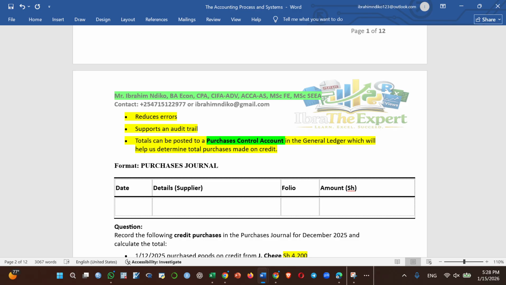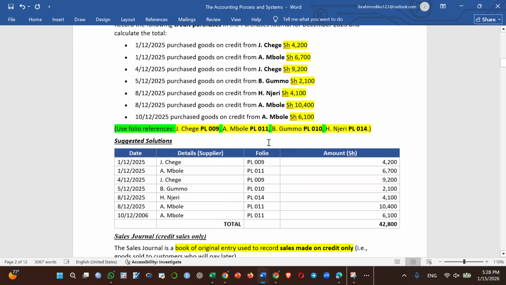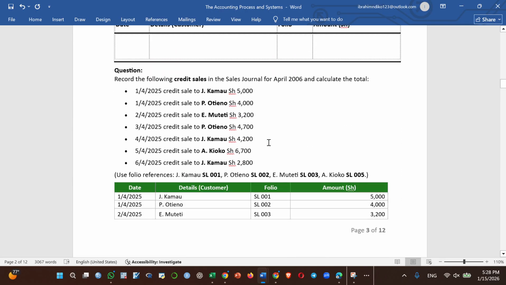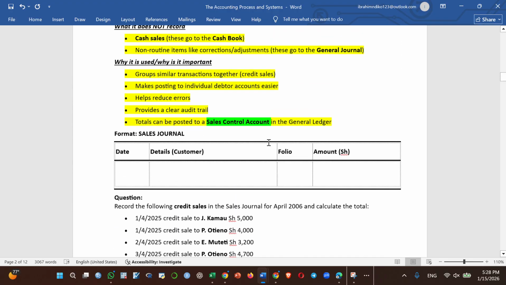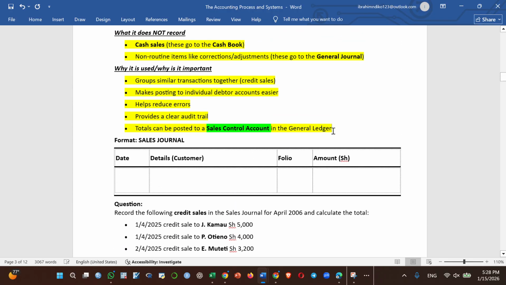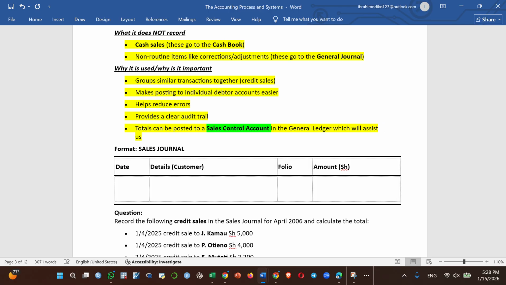Same applies to the sales control account. Where is it? Here. It says which will assist us in determining total credit sales.